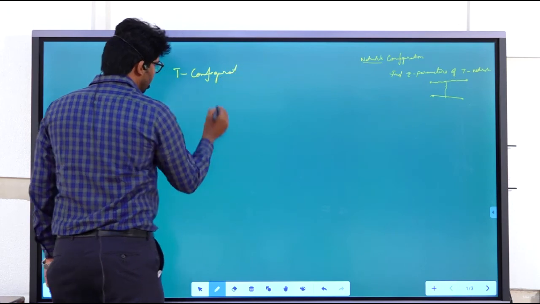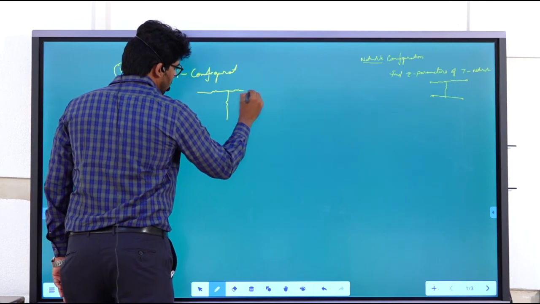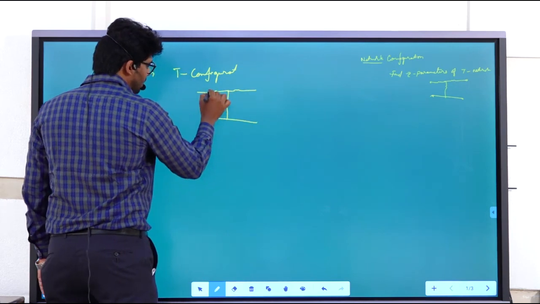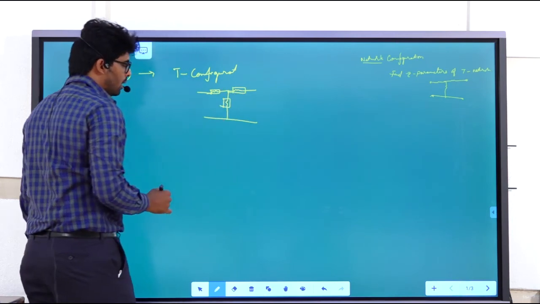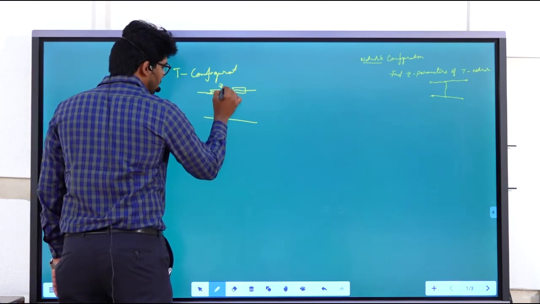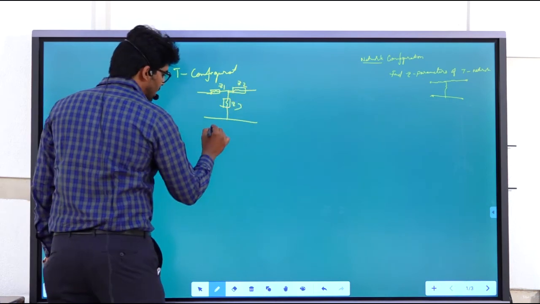This is the T network. I represent the impedances in boxes; it may be impedance or it may be admittance. If this is Z1, this is Z2, and this is Z3, this is asymmetric.